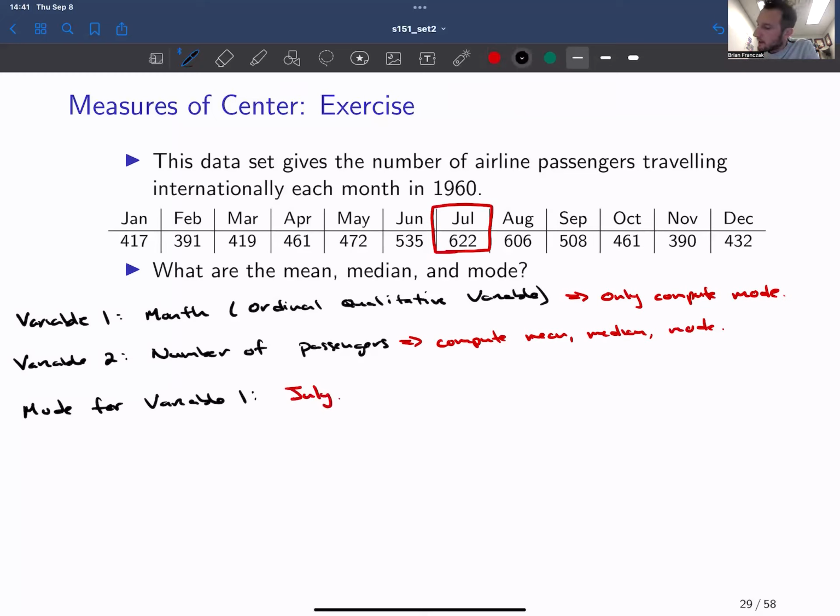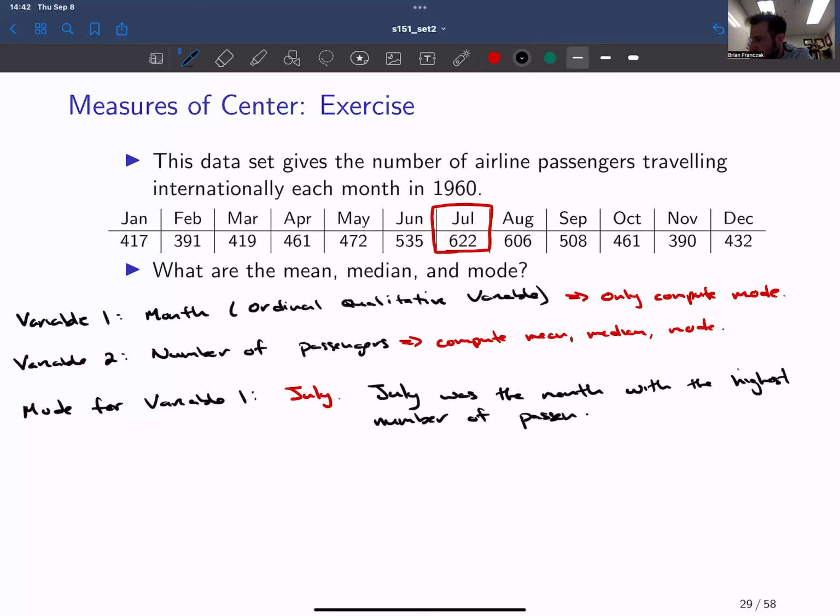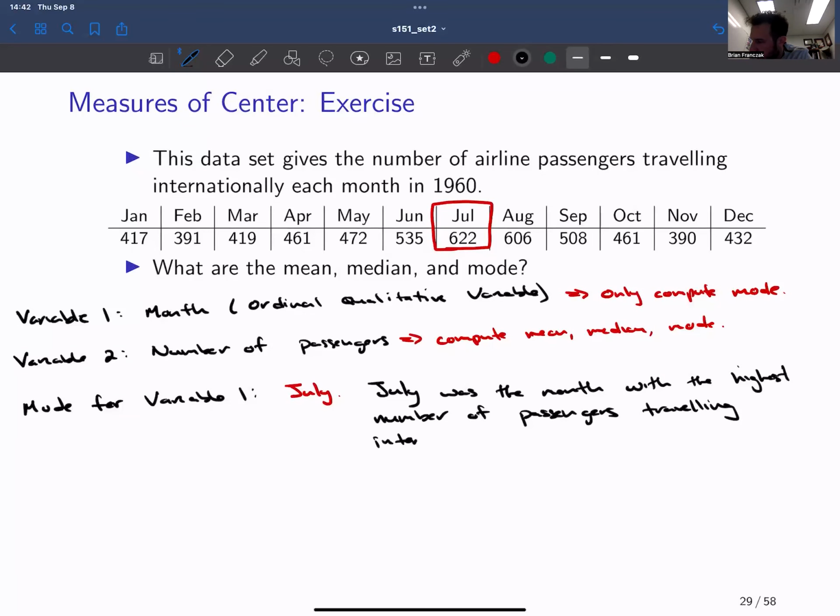All right. And in this case, what we can say is July was the month with the highest number of passengers traveling internationally.